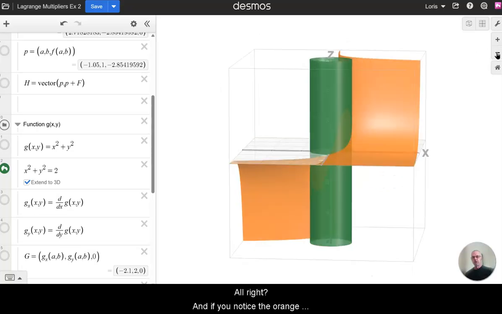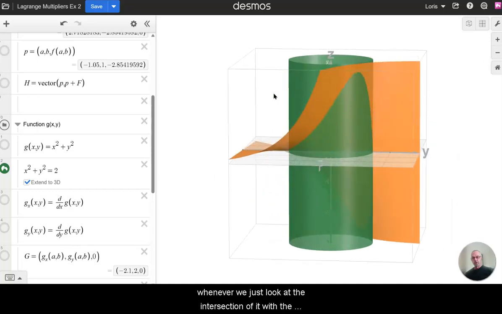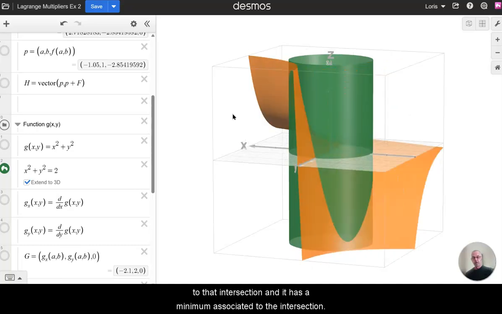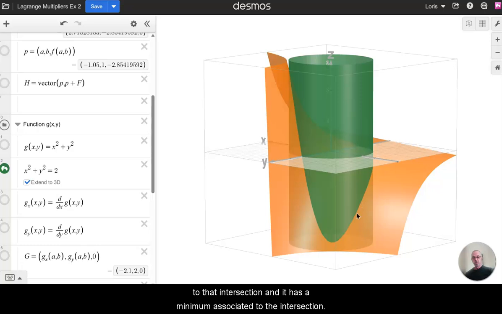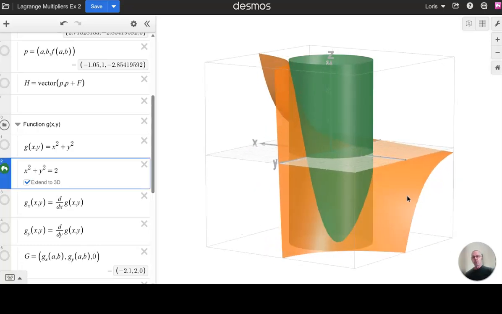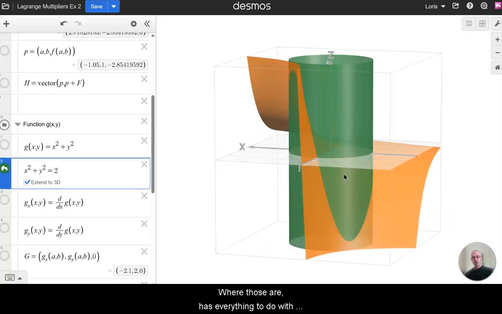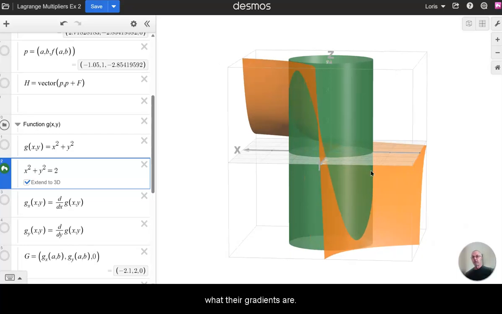And if you notice, the orange function, whenever we constrain it, whenever we just look at the intersection of it with the green one, with the cylinder, it has a maximum associated to that intersection, and it has a minimum associated to the intersection. Where those are has everything to do with what their gradients are.